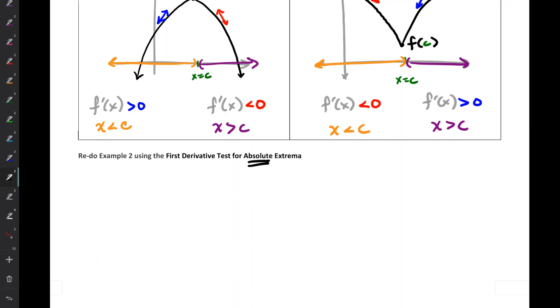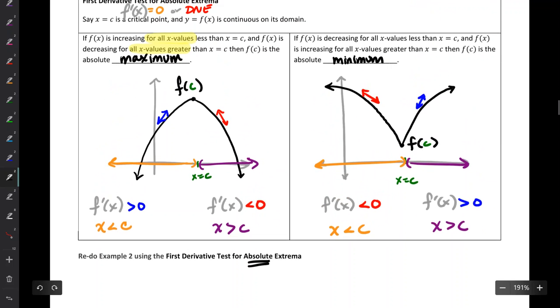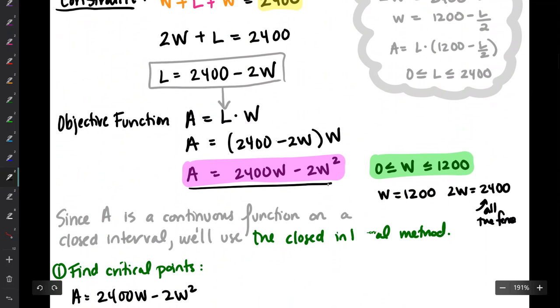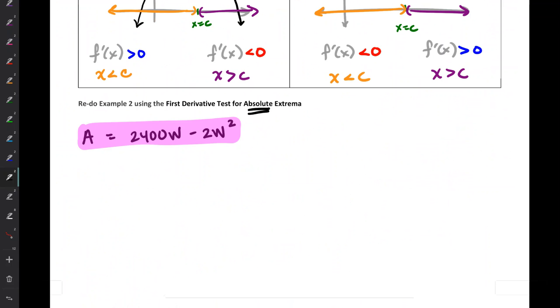All right, so what did we have? We had our objective function right here. We got down to here, our objective function. I'm just going to copy that. So there's that objective function.